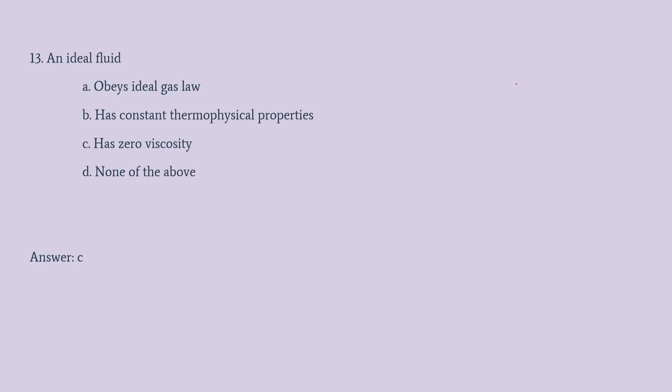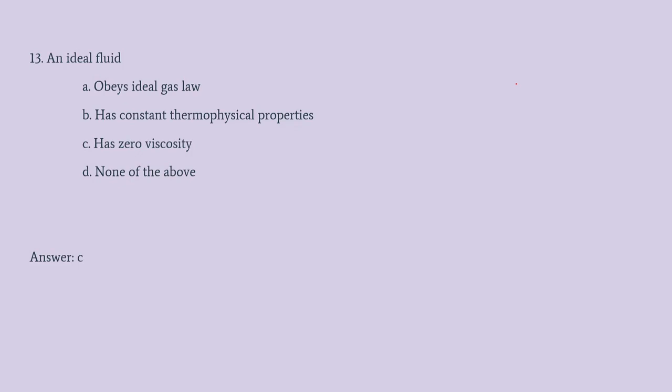It's option C, because we know that an ideal fluid is characterized by its incompressibility. Second, the flow is inviscid, that is, non-viscous. The flow is irrotational and smooth, and turbulence is not encountered.